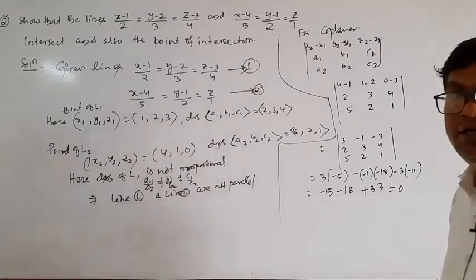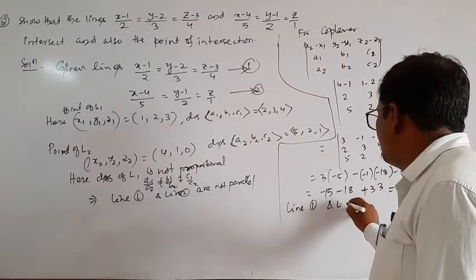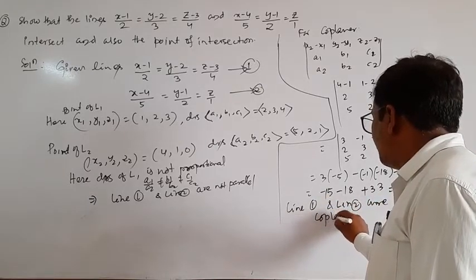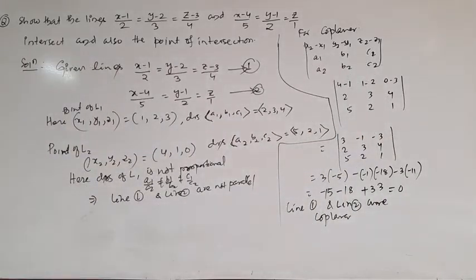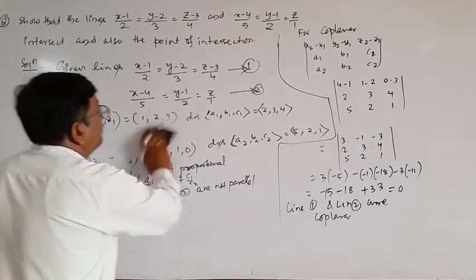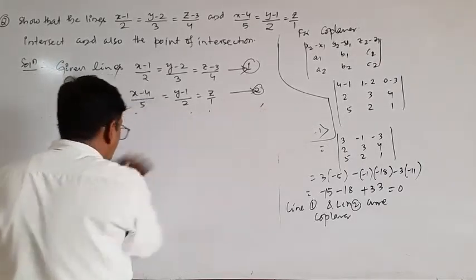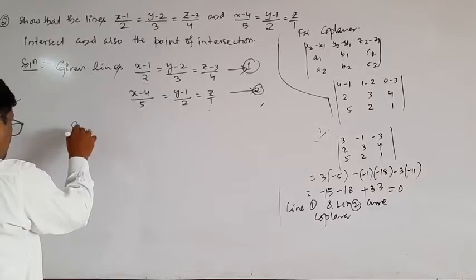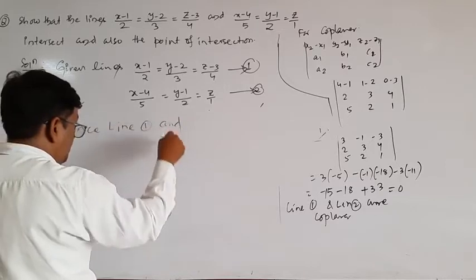Therefore, line 1 and line 2 are coplanar.